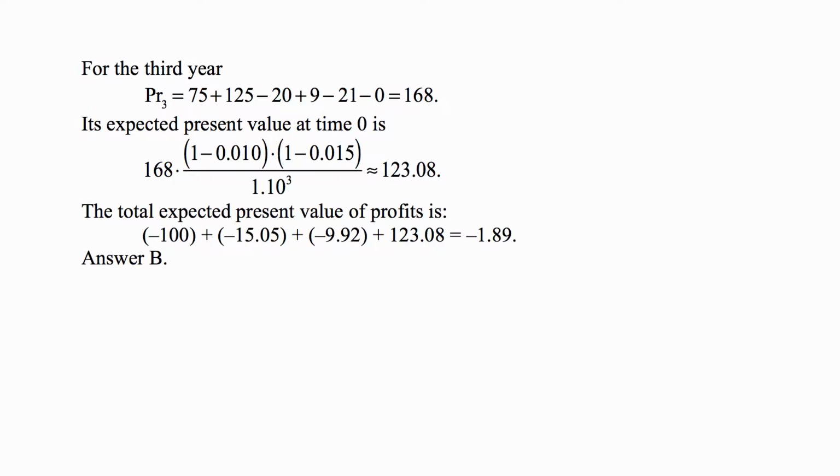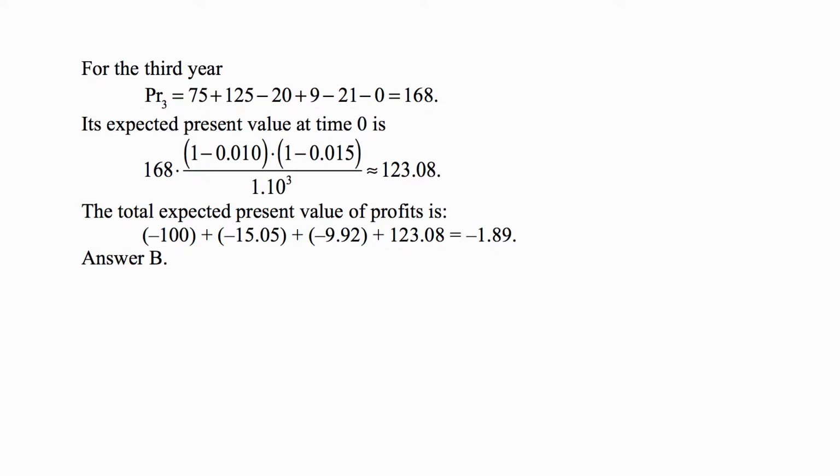For the third year, profit is positive this time. Notice that the expected reserve at the end of the year is 0. Policy ends. So we have 75 plus 125 minus 20 plus 9, the investment earnings, minus 21, the expected death benefits, minus 0, the expected reserve, and it ends up being 168.